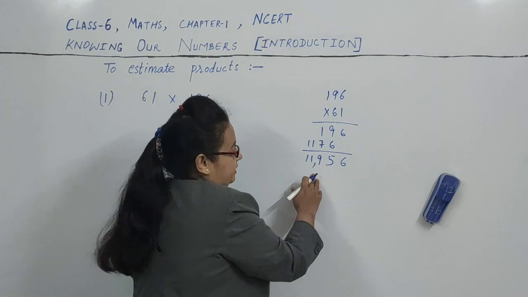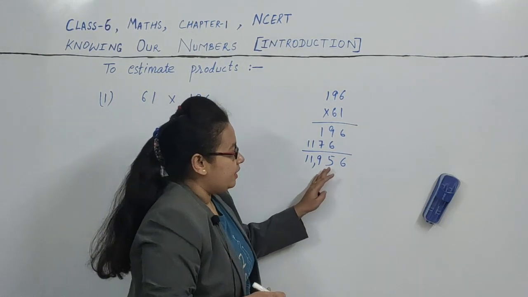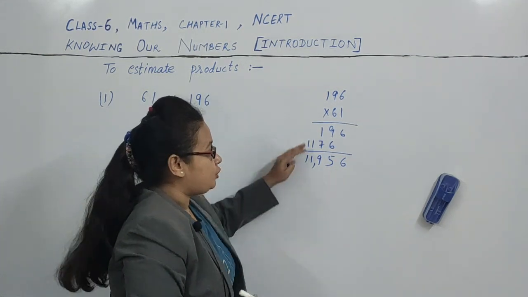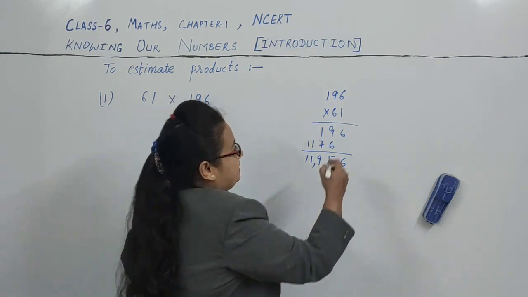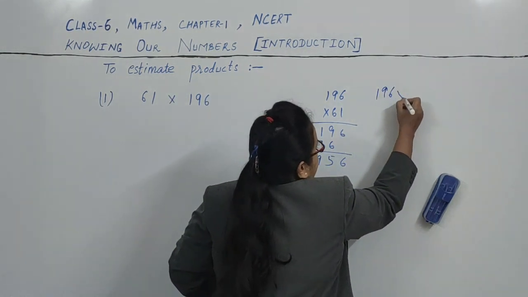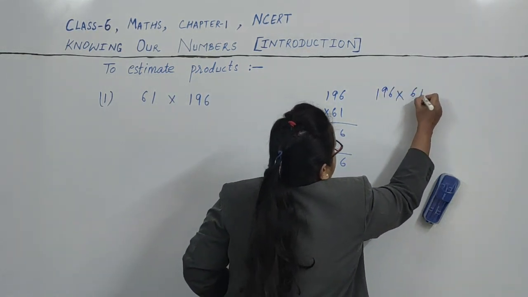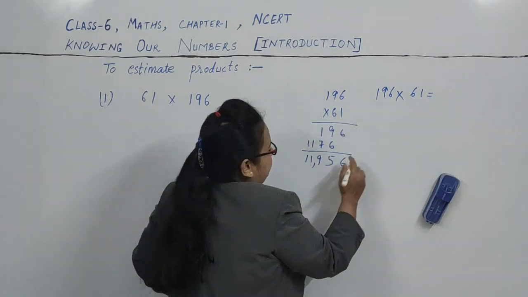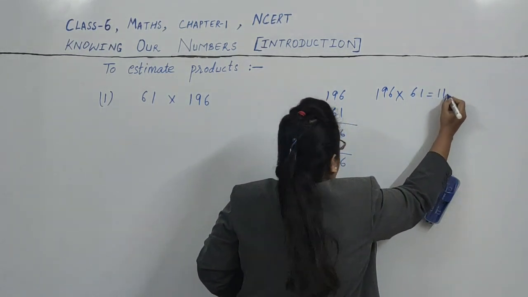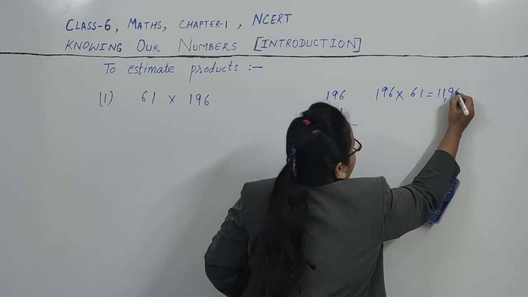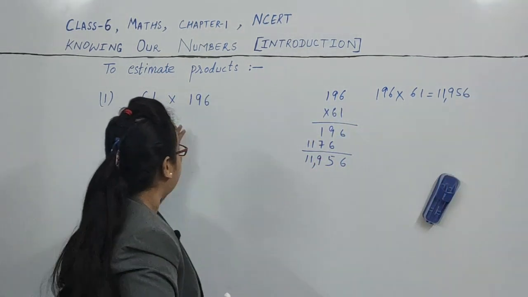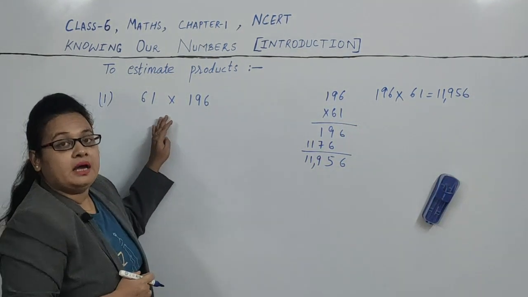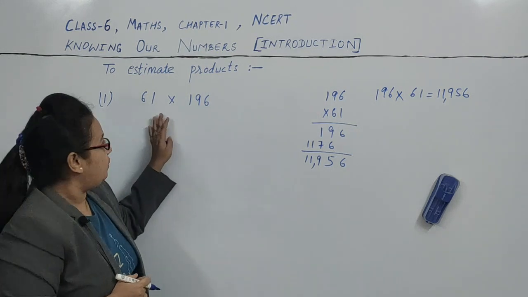So this is 11,956. The actual product of 196 into 61 is 11,956. But here we have to find the estimated product of these two numbers.